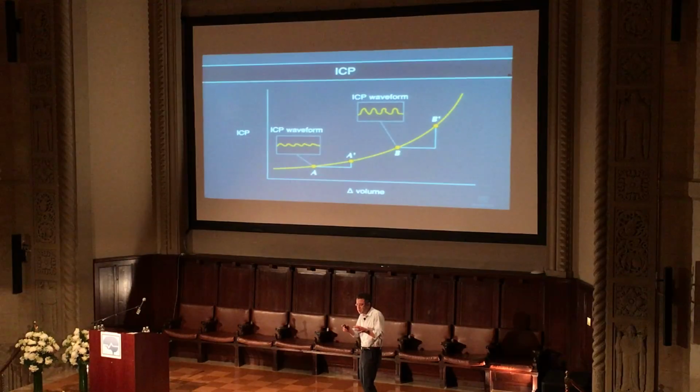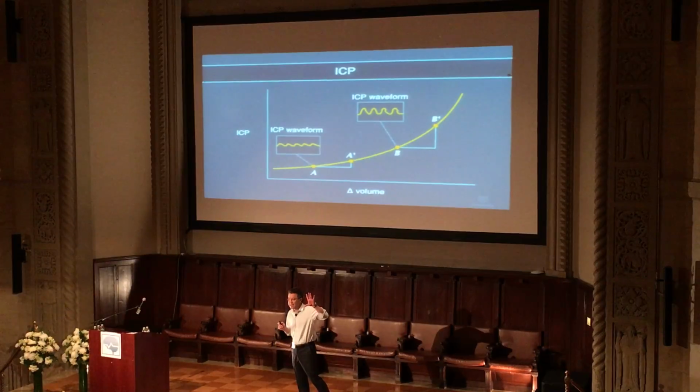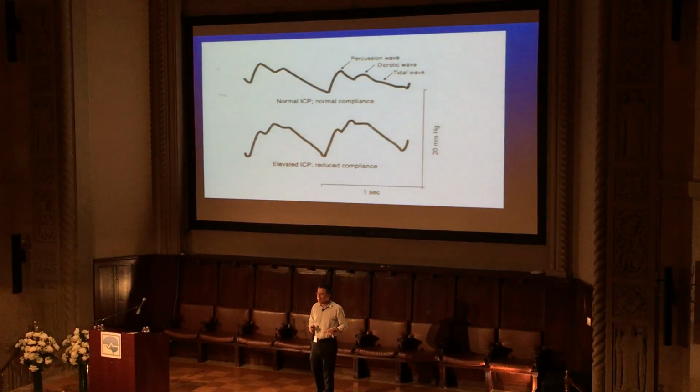That little surge in cerebral blood volume is easily accommodated. In non-compliant states, when you're running out of room, the pulse pressure of the ICP waveform goes up. It can be as much as 20 millimeters of mercury itself. And at the same time, the shape of the waveform changes.